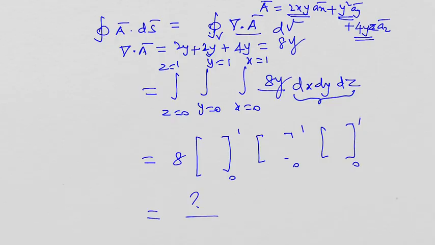So you can find that it becomes simply 8 into y squared by 2 from 0 to 1, and the integration over x dx becomes x with lower limit 0 and upper limit 1, and with respect to z, it becomes z with lower limit 0 and upper limit 1. So this becomes 8 into 1 by 2, which is equal to 4. This is how surface integral of A dot ds is computed as volume integral of del dot A dv.